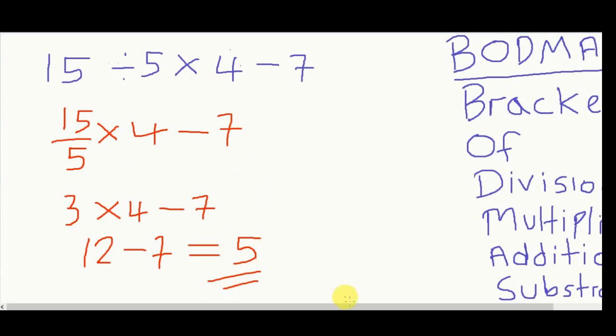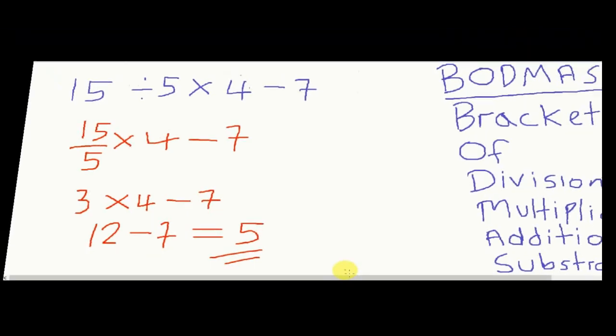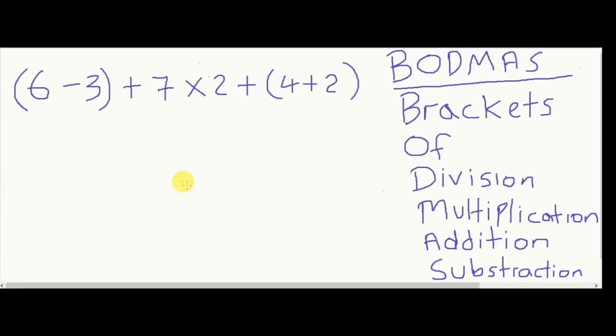So remember, the rule that I am using is BODMAS, the acronym BODMAS. Once you follow this rule, you will do well. Given that, in bracket, 6 minus 3 plus 7 times 2 plus, in bracket, 4 plus 2.